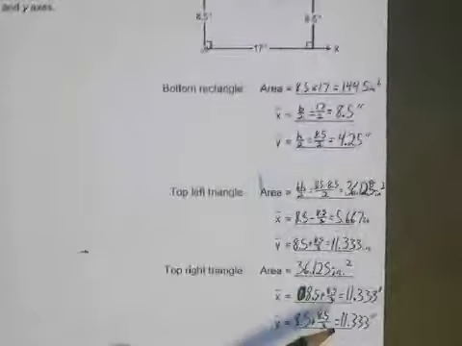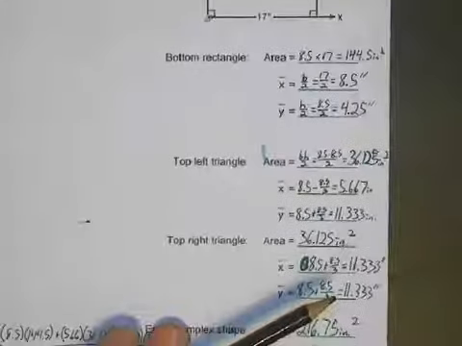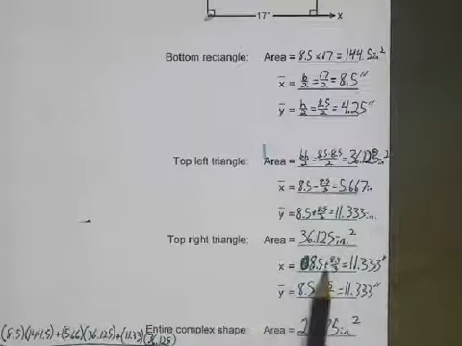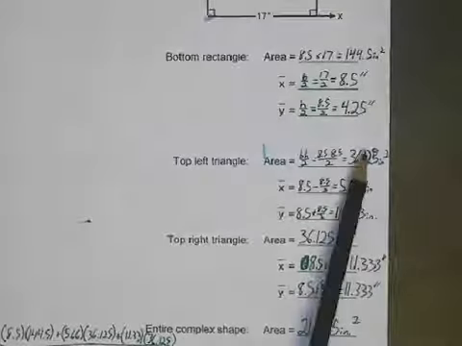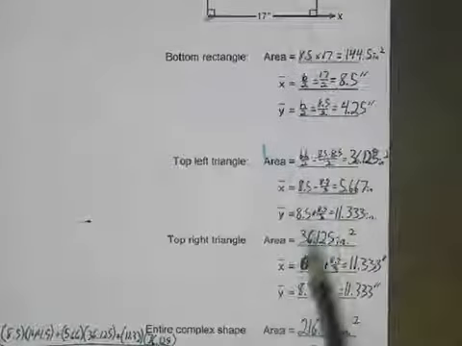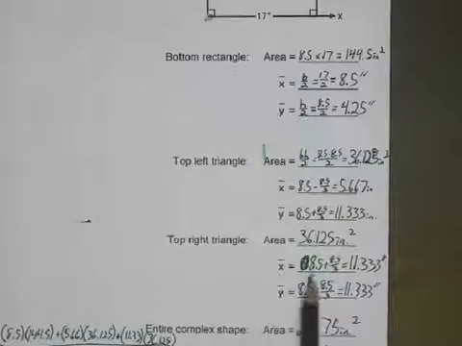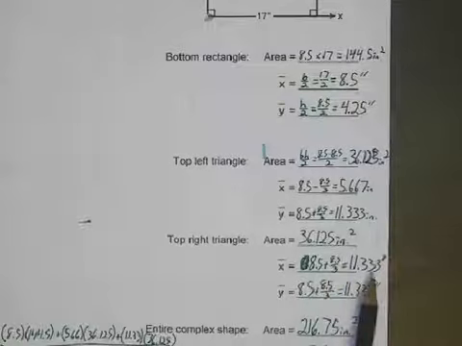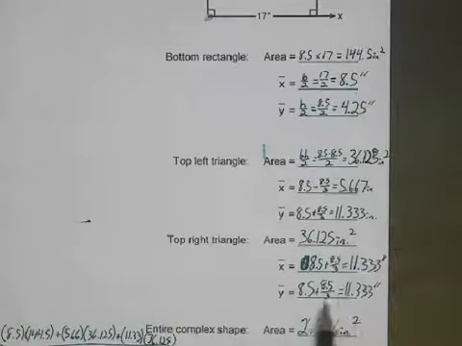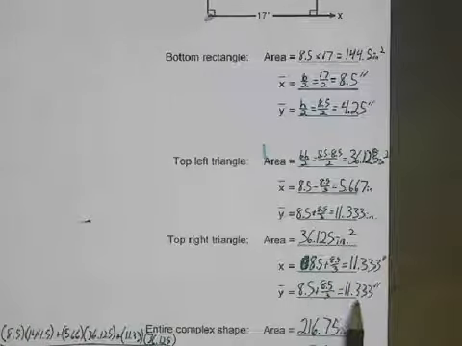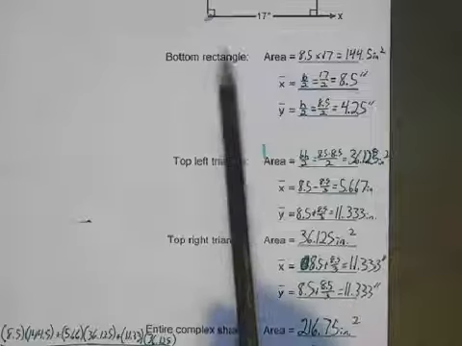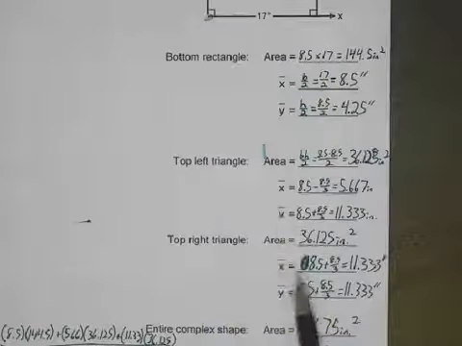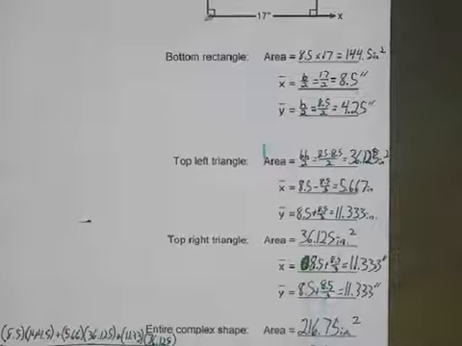My area is the same, so I can just copy my area down because it's the same size triangle. For my x centroid, this time instead of subtracting, I'm going to take 8.5 plus 8.5 divided by 3, and that'll give me that 11.33. My y centroid is the same. So I have my rectangle, I've got my triangle, and I've got my other triangle. Now I can do the entire shape.